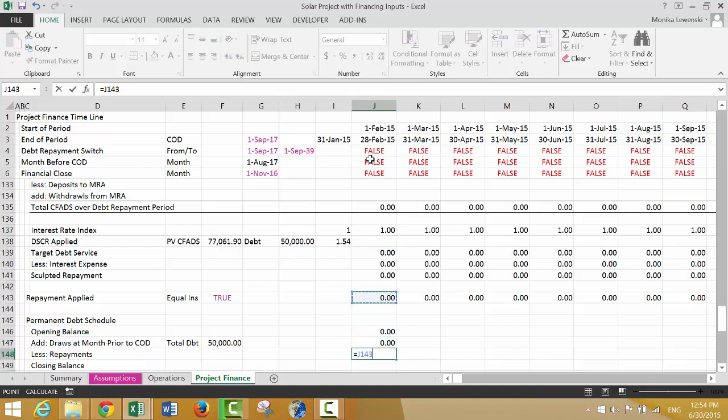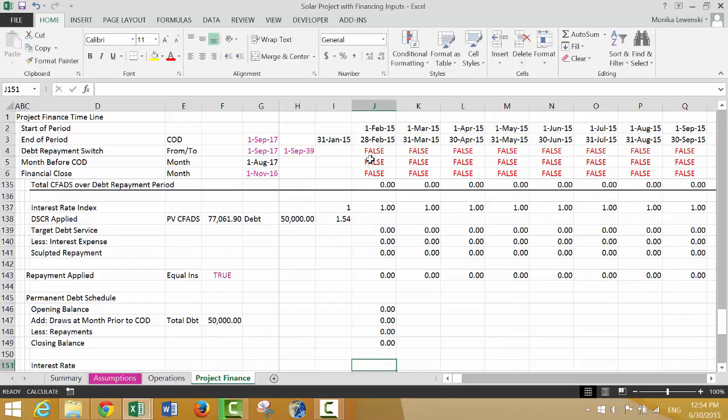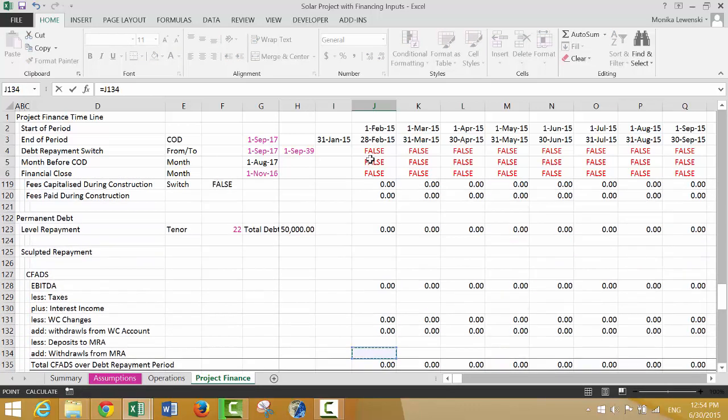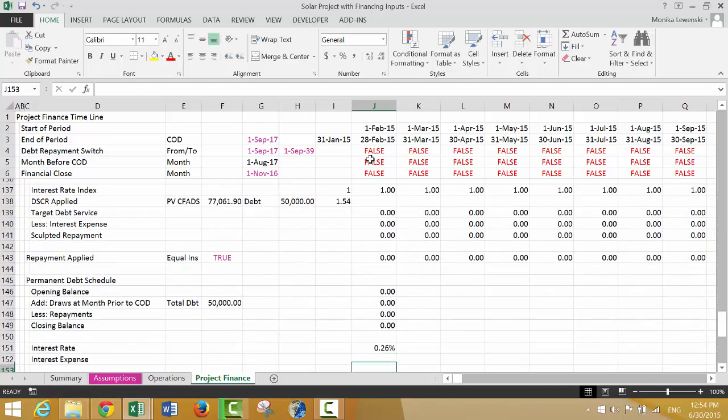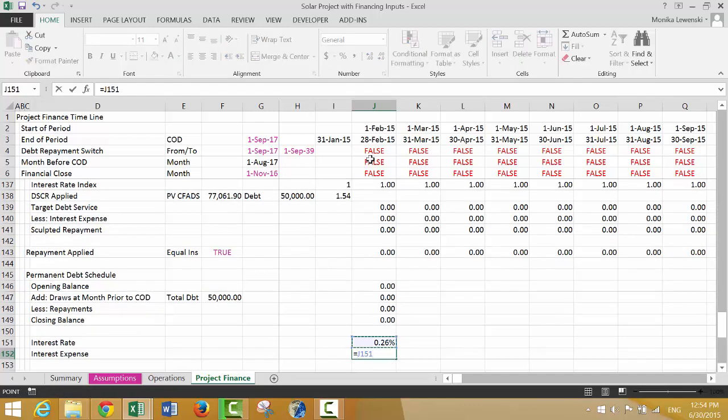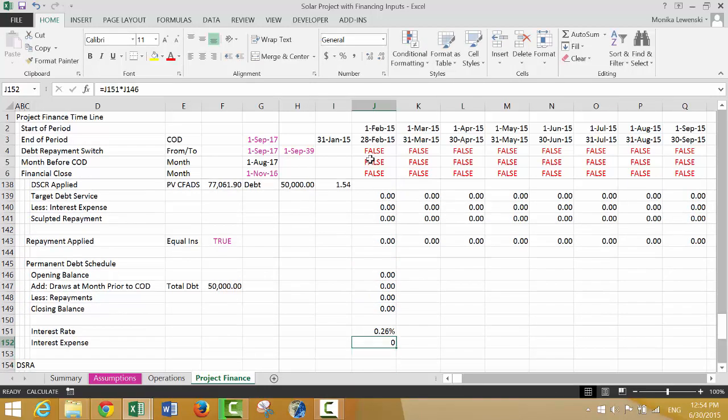And the repayments come from here, and this is just this plus this minus this. And the interest rate we've already computed, luckily. Okay, and then we get the interest expense as this multiplied by the opening balance.